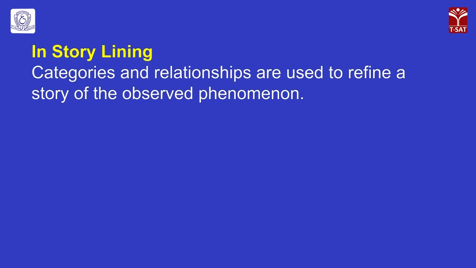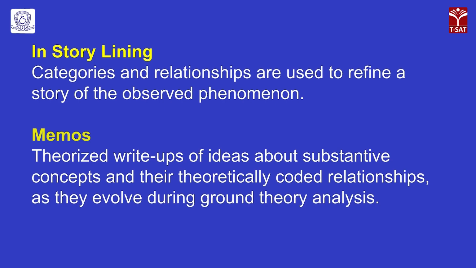In storylining, categories and relationships are used to refine a story of the observed phenomenon. Memos are theorized write-ups of ideas about substantive concepts and their theoretically coded relationships as they evolve during grounded theory analysis.